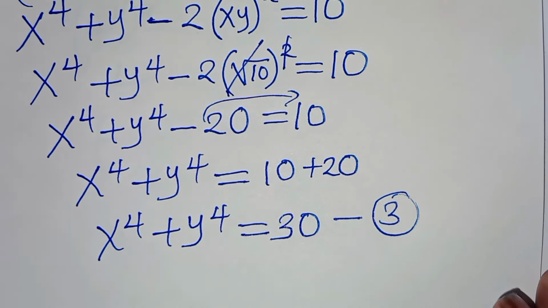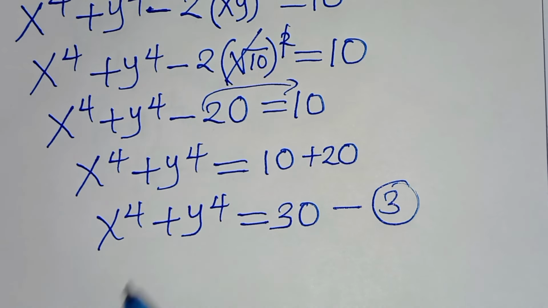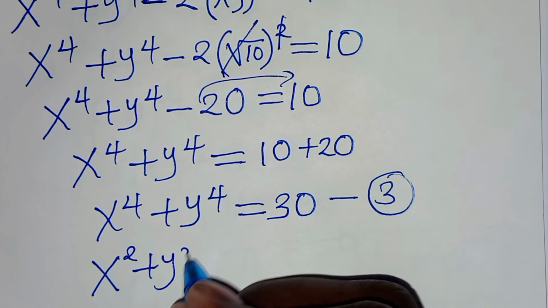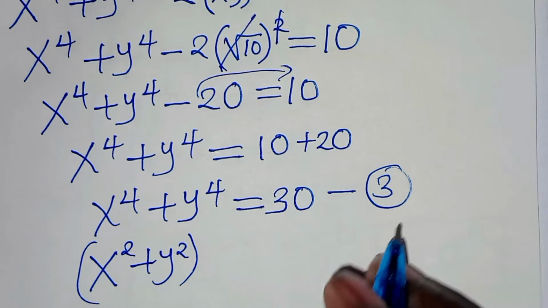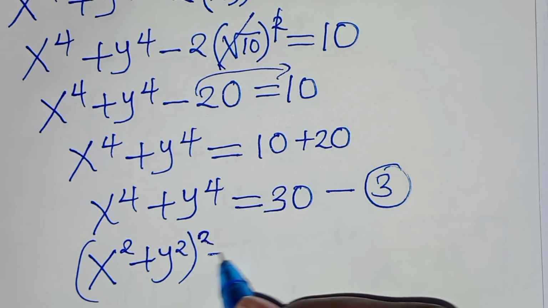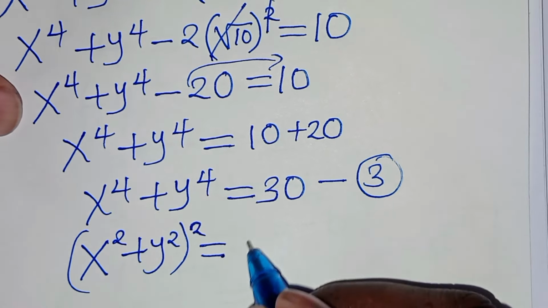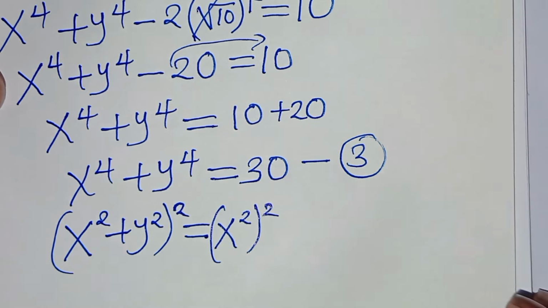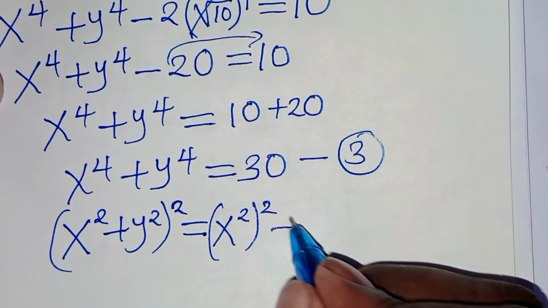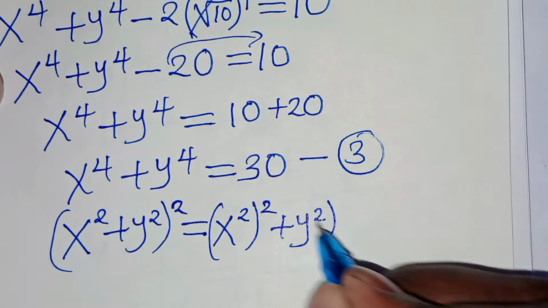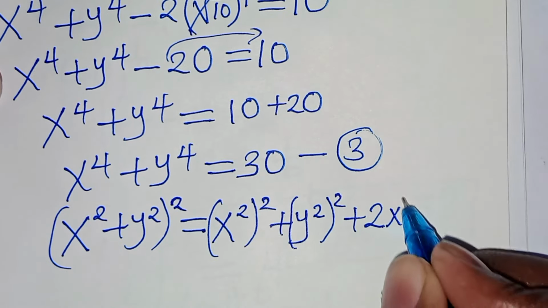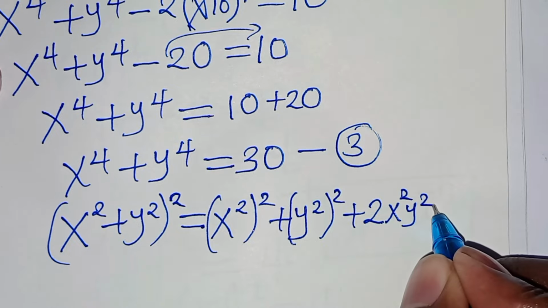Now, the next step from here, we have that (x squared plus y squared) raised to the power of 2. This is the same thing as x squared raised to the power 2, then plus y squared raised to the power 2, then plus 2x squared y squared.